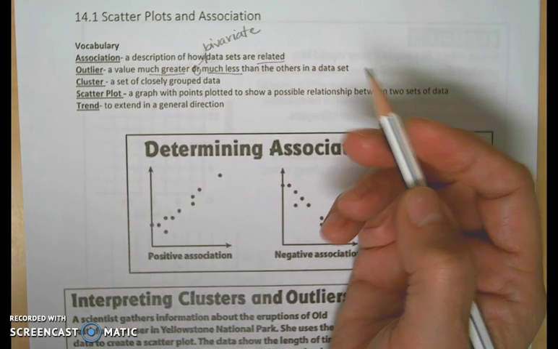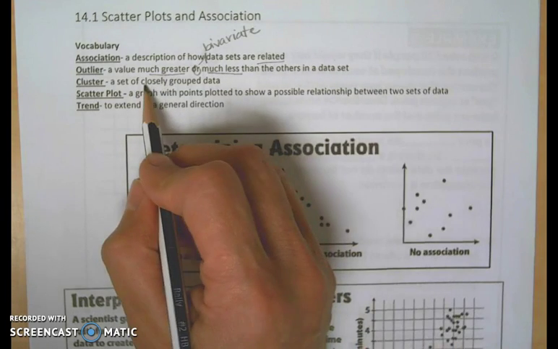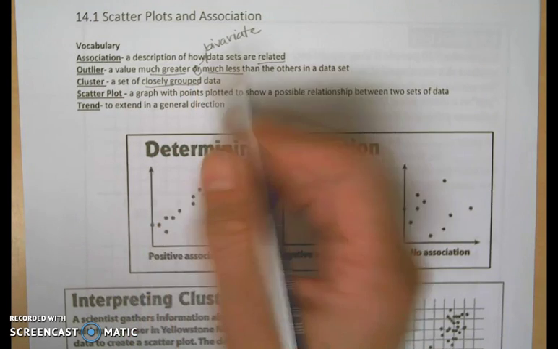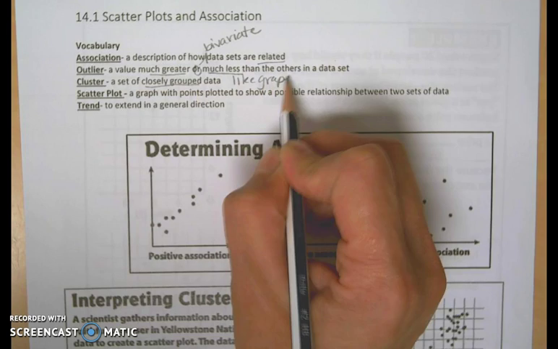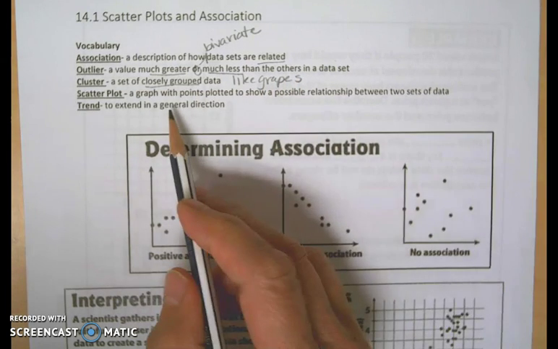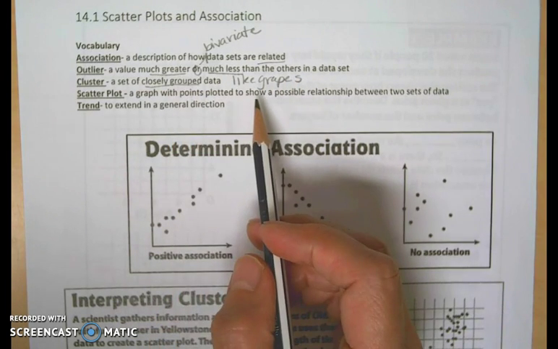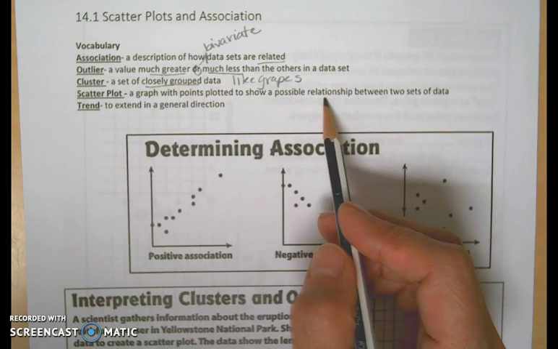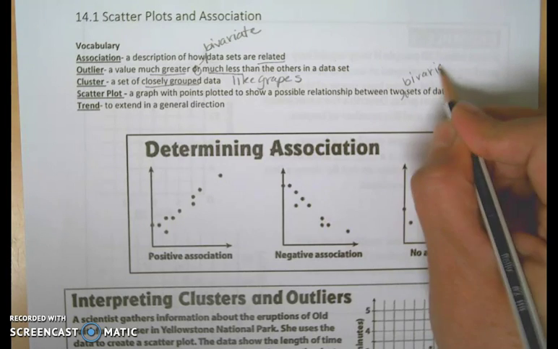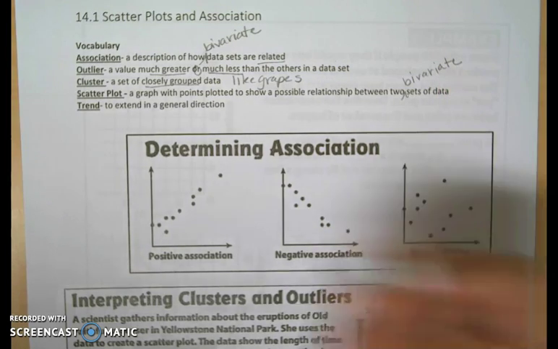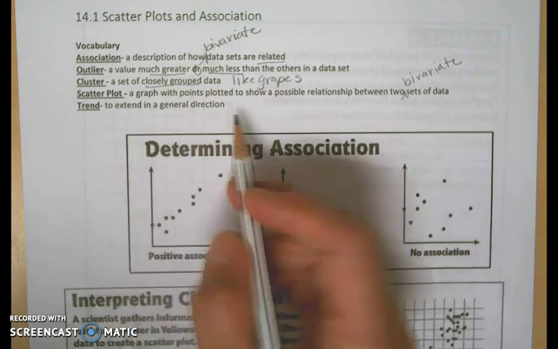A cluster is a set of closely grouped data, like grapes. A scatter plot is a graph with points plotted to show a possible relationship between two bivariate sets of data. A trend is to extend in a general direction.